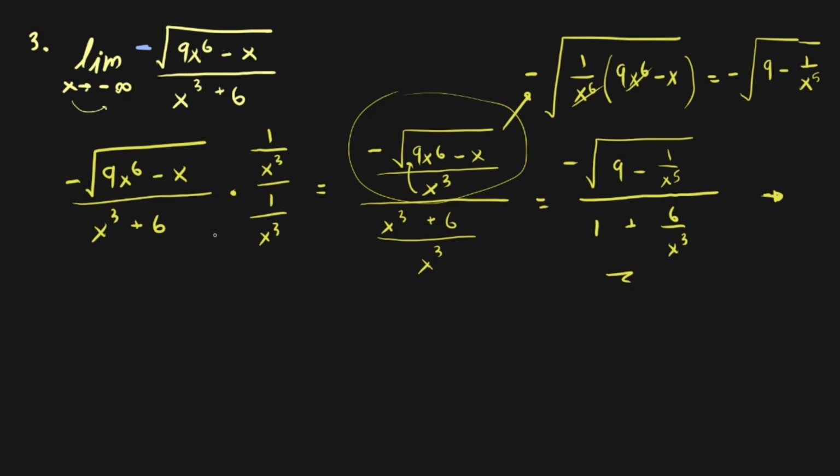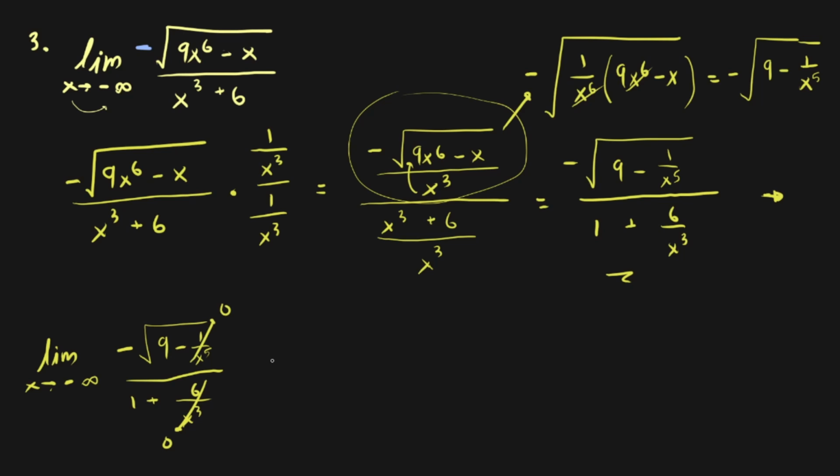So we have the limit as x approaches negative infinity of negative square root 9 minus 1 over x to the 5th divided by 1 plus 6 over x cubed. This goes to 0.